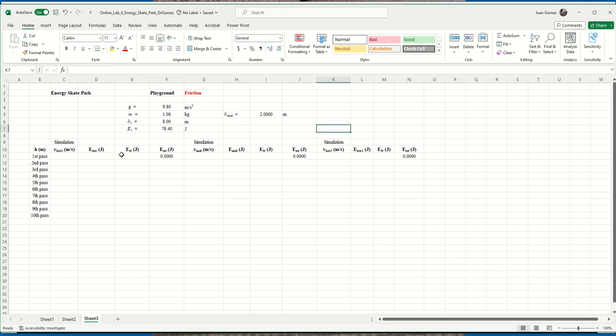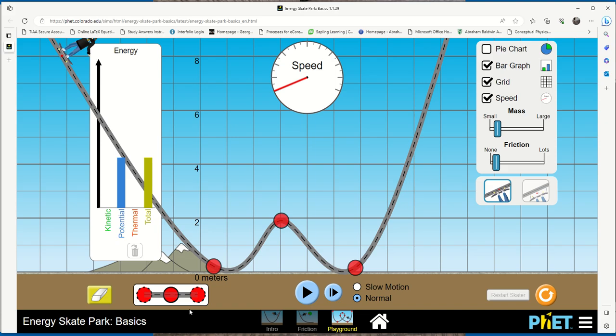Now, what about the energy at the low part, and then the energy at the second low part, here and here? Well, remember, at the low part, the energy is entirely kinetic because he's at a height of 0. So I'm going to go slow motion. I've set him back up to 8.